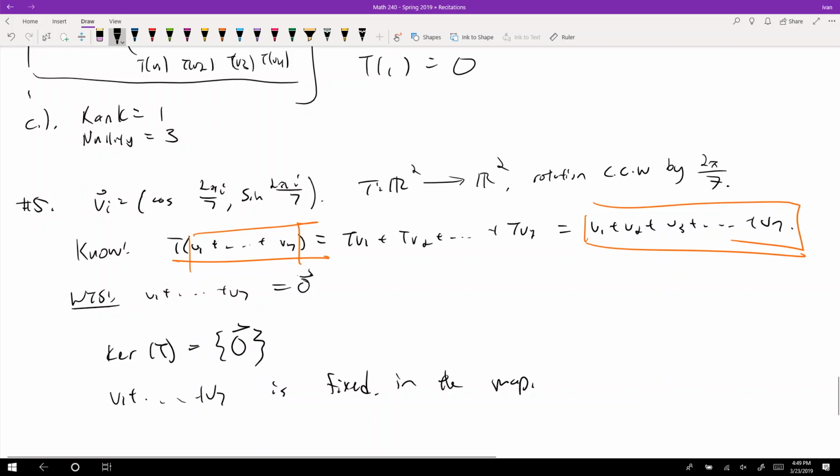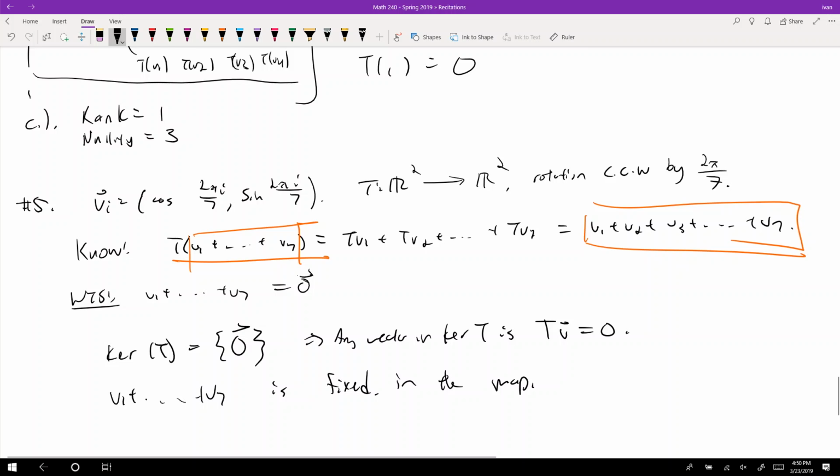So the question is asking us to find a kernel of the map. No, what we need is to use the kernel to show that this is true. Any vector in the kernel satisfies TV equals 0. That's the definition of the kernel.